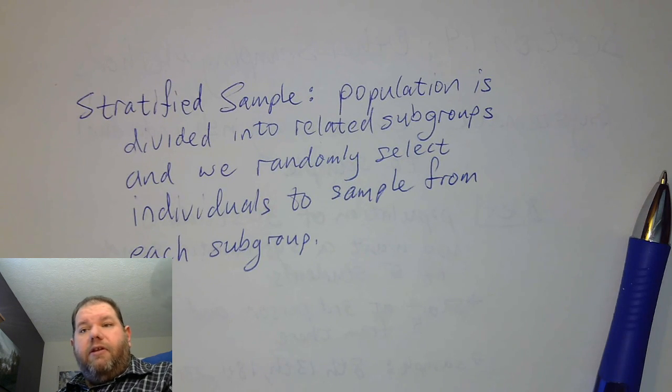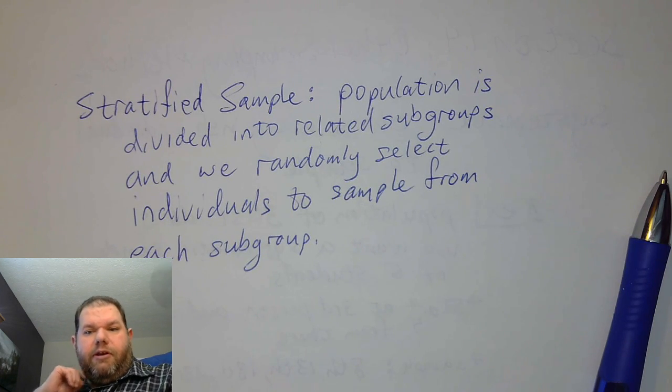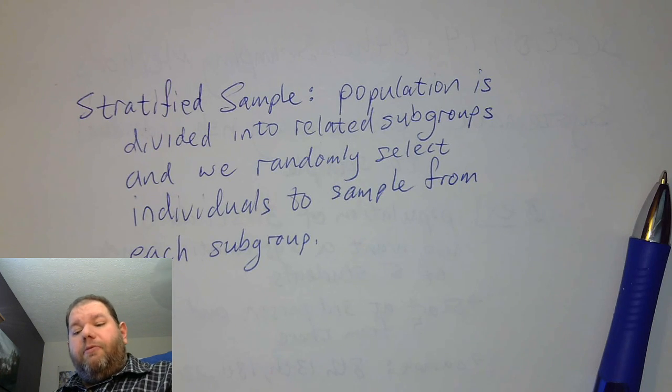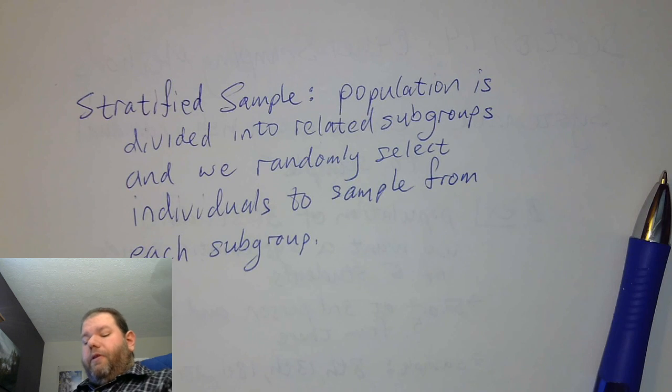Different things like that, so we can make sure that, okay, all genders are represented in a relatively equal manner, all races. Might break it up by economic status. We don't always have all this information, so it's difficult to do. It's really a matter of how much information do we have and how far can we split our subjects into groups. Anyway, that's the general concept of a stratified sample.